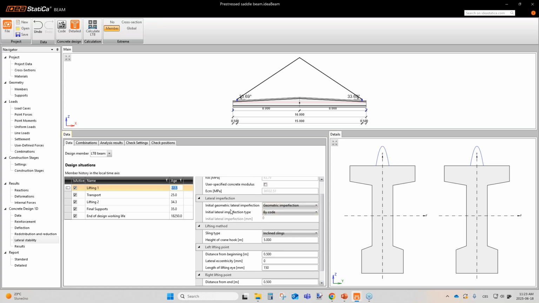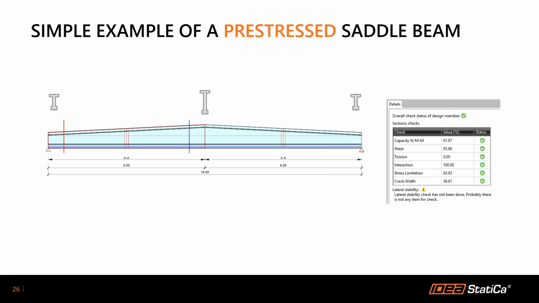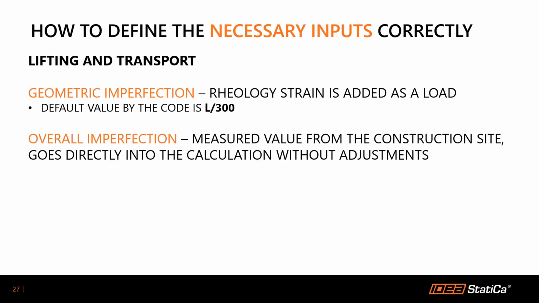So maybe the most important setting is the lateral imperfection setting. So initial geometric lateral imperfection can be set either geometric imperfection or overall imperfection. I will show you in the presentation some additional information through that so you can understand it better.